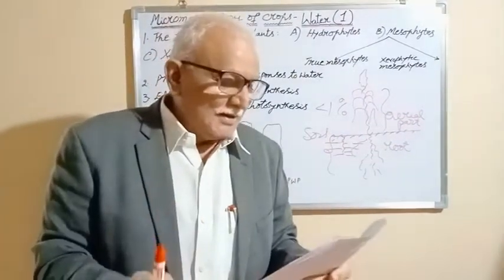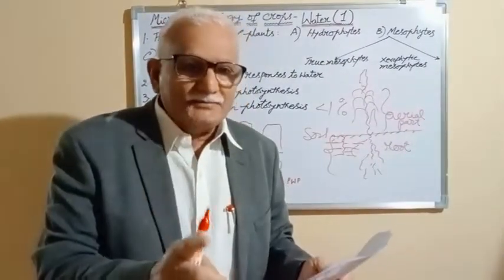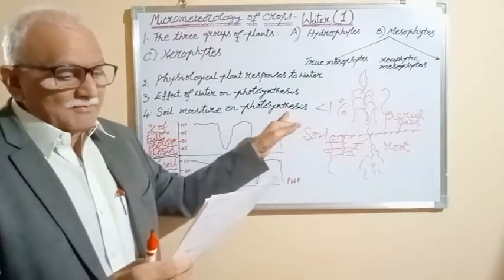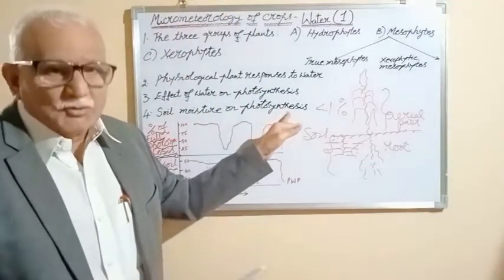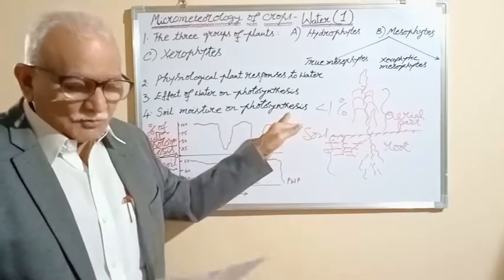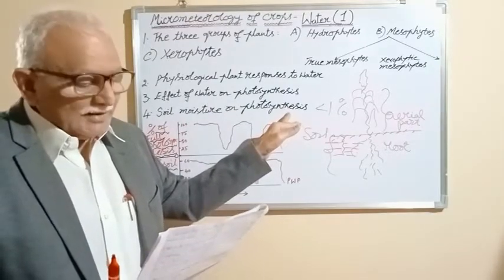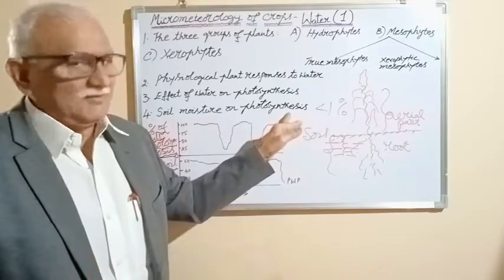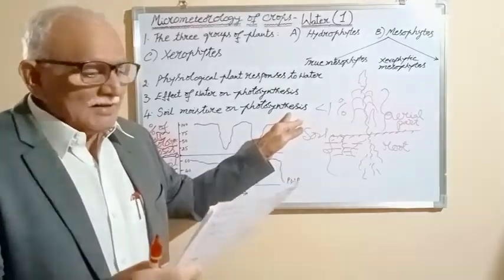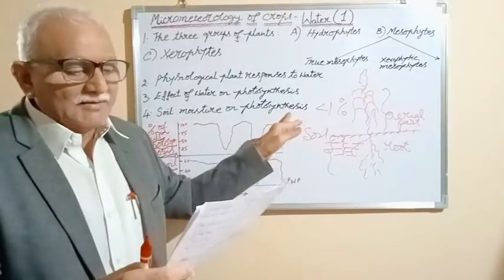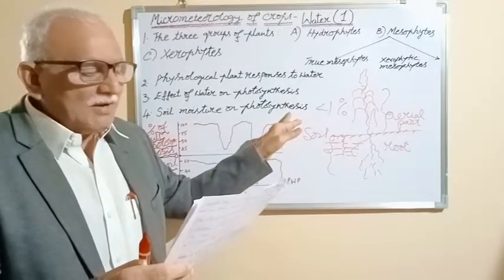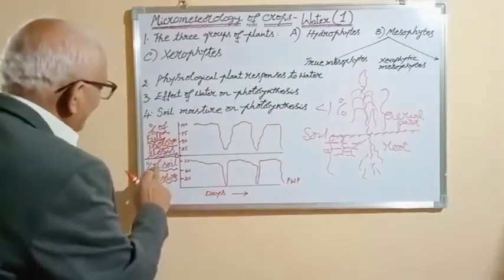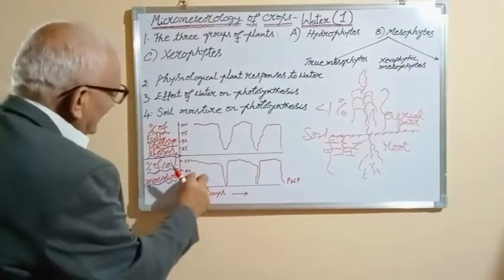Now please write: irrigation should be applied with reference to photosynthesis. Irrigation should be applied just prior to sharp decline in photosynthesis. Once again I will read the application. For today's class, the application is irrigation should be applied just prior to sharp decline in photosynthesis. Here, you see days, percentage of soil moisture 20, 40, 60.